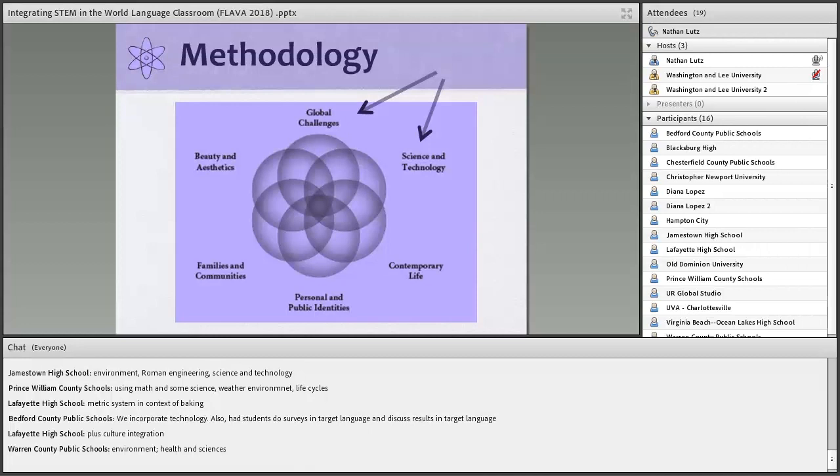So the two areas that really stand out for me are global challenges and science and technology. And we know that there is definitely an intersection there where science and technology can help us address some of the global challenges that are out there.